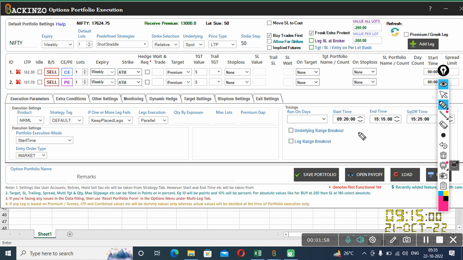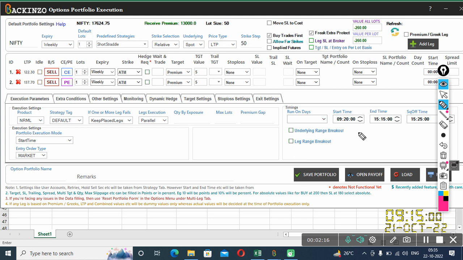That means you have an entry barrier here, and that entry barrier is your entry time, 9:20 AM. So as soon as 9:20 occurs, you enter both the legs right away. So this is the usual condition.